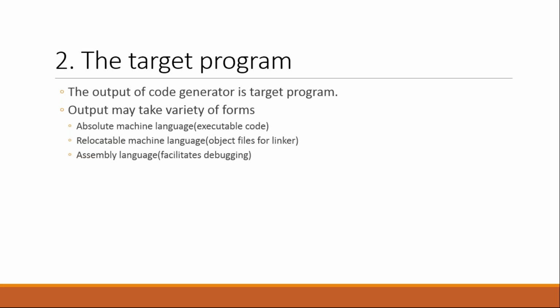That type of mismatch is not required in our target code, right? So the output may take a variety of forms. Whenever you require the output, at that time you need to specify which type of code you require.